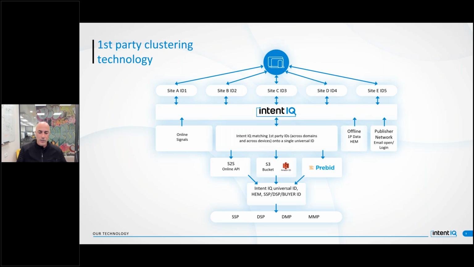So it could be a hashed email, it could be your demand's buyer ID, and from there, the use case of that first-party clustering technology could obviously be leading to the SSP and then utilizing a higher and better revenue, because now the DMP has a correlation, and we're going to show you in a second another process of how this thing is done behind the scene, just in a nutshell.